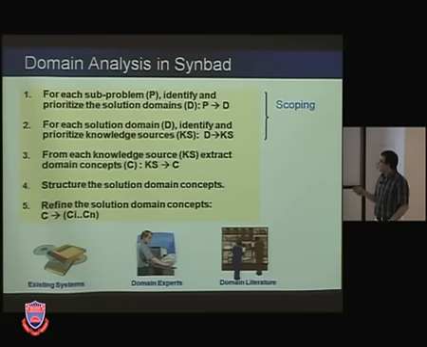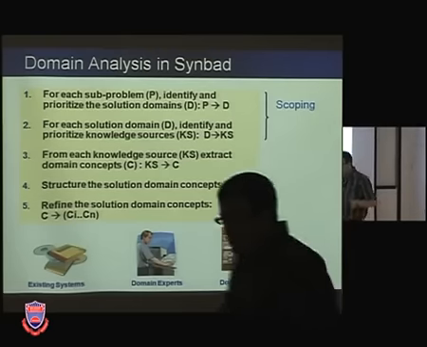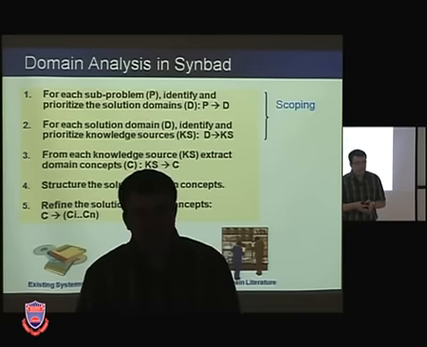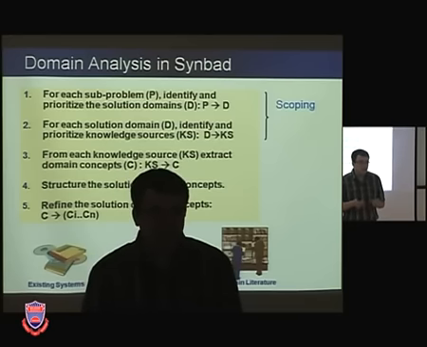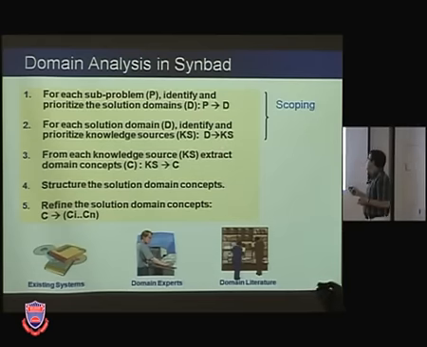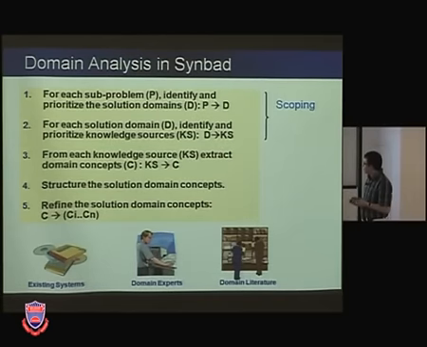So for each problem, sub-problem, identify and prioritize the solution domains. So we did a problem analysis. The problems define actually where to look at. So we take each problem and try to identify the related domains. Once we know the domains, we identify and prioritize the knowledge sources.